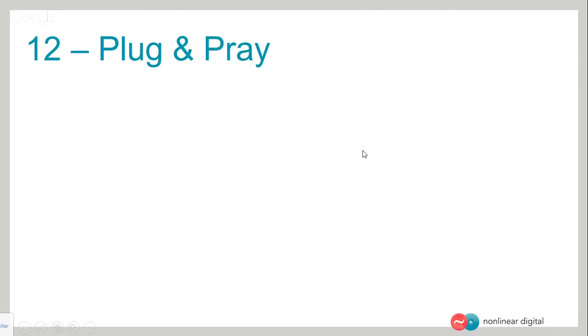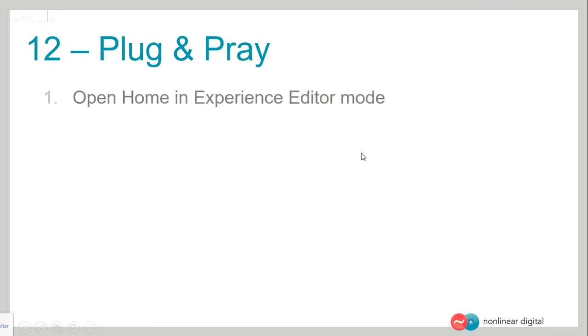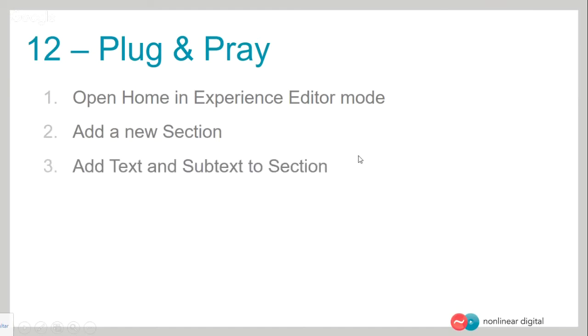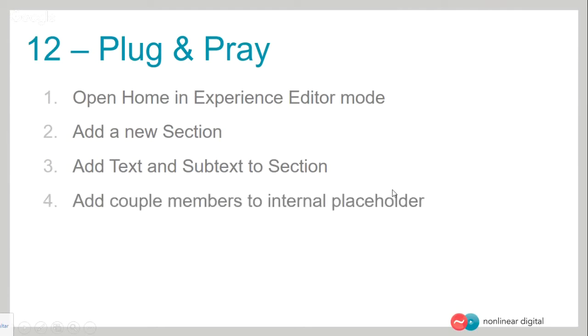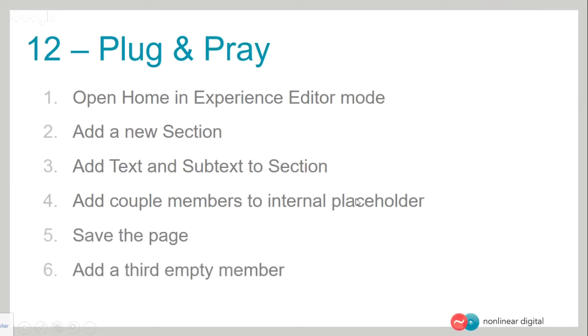What we are going to do after Sitecore loads is open the home in Experience Editor mode, add a new section where I can place my component, add a text and a subtext to the section, add a couple members to the internal placeholder, and save the page. And then we are going to add a third member, an empty member.